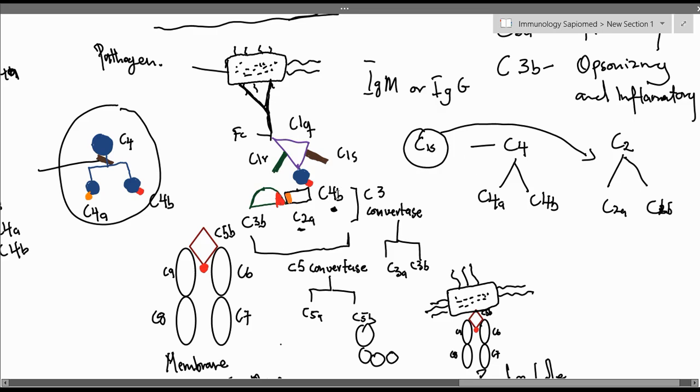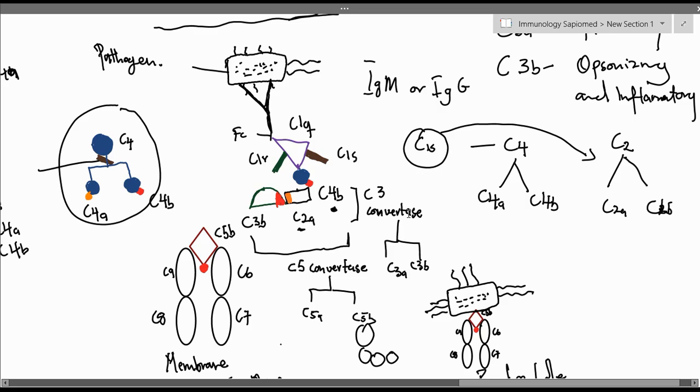So after cleaving C4 into C4A and C4B, C4B will continue the binding. C2A will also continue on the binding. Now C2A and C4B will form what we call the C3 convertase.